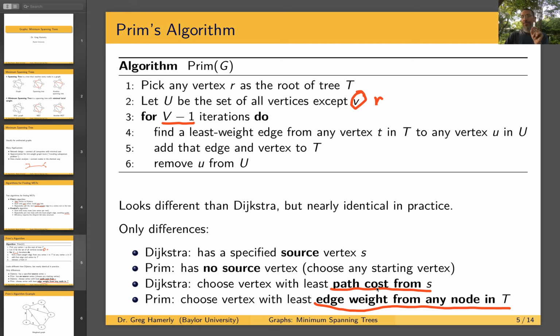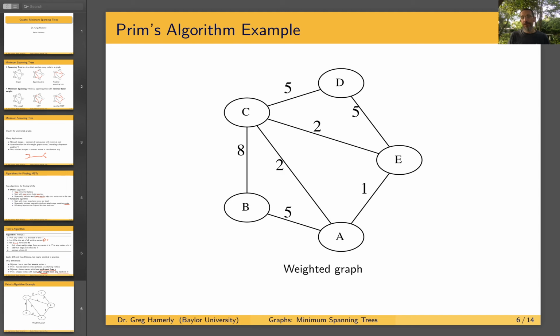That means multiple edges from S to that vertex. In Prim's algorithm, we're thinking from a vertex in U to a vertex in T, what's that one edge cost? And let's order by that. So Dijkstra's algorithm, order by path cost, multiple edges. Prim's algorithm, order by edge cost, one edge. That's the key difference.